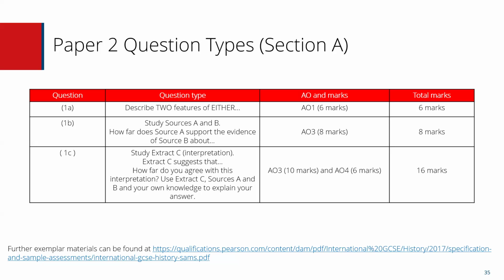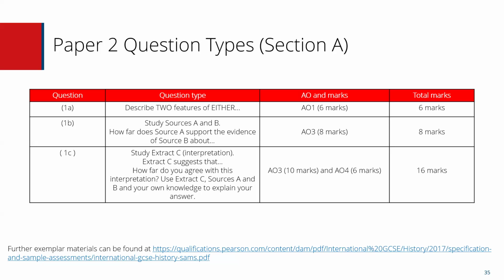And then the C question is where you've got your extract and the sources, and they use their own knowledge. So AO3, 10 marks, AO4, 6 marks. Make sure you're building that into your teaching and learning. I'm sure you do, but you need to be very clear on what the examiners are looking for in each specific question.